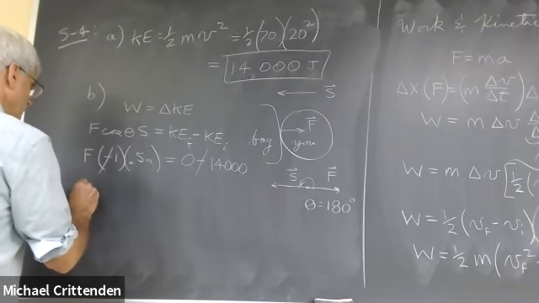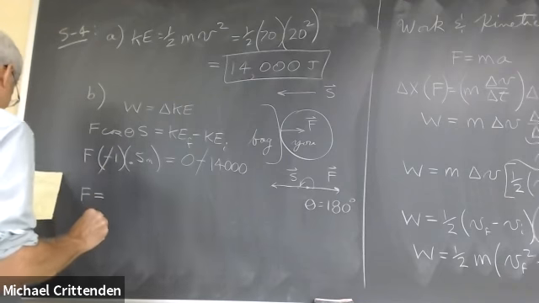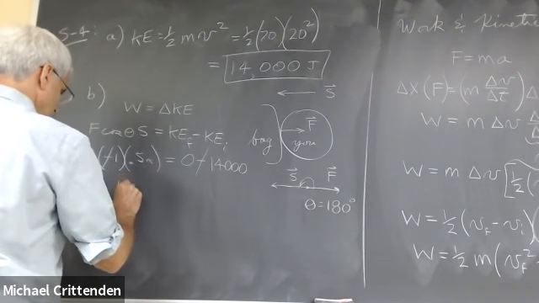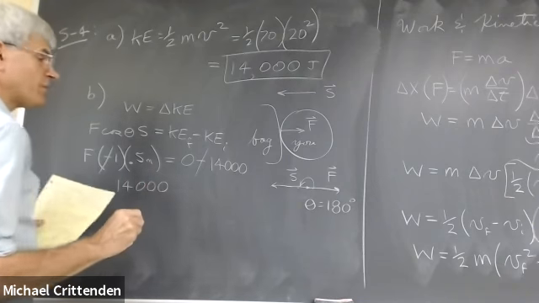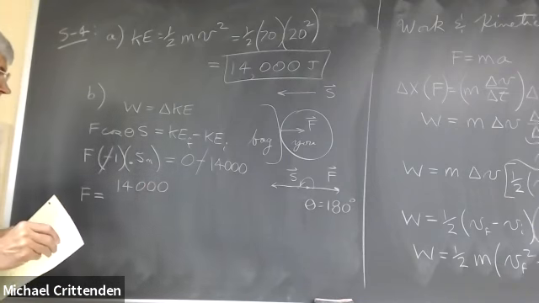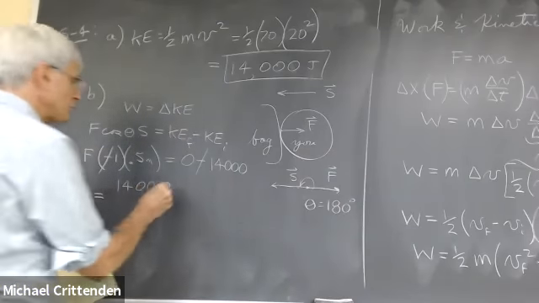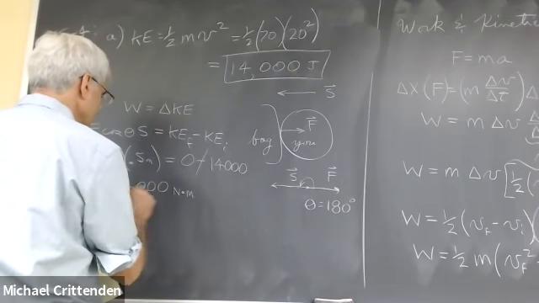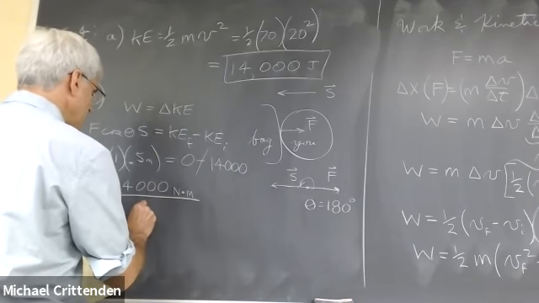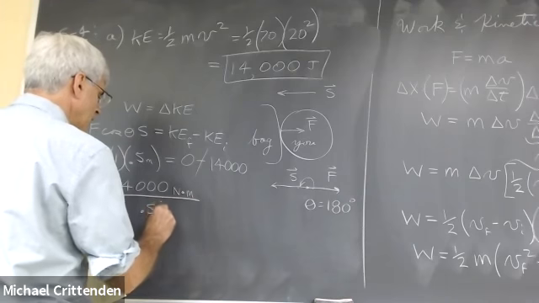Solving for the force, we've got 14,000. Oh, I might as well stick the units on there and show you how they work. Remember, a joule is equivalent to a Newton times a meter. And that gets divided by 0.5 of a meter.